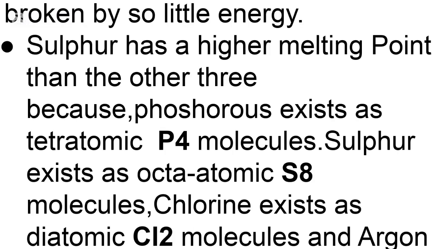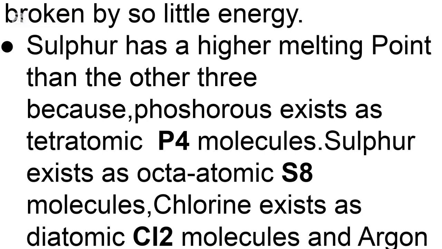Sulfur has a higher melting point than the other three because phosphorus exists as tetraatomic P4 molecules. So those are 4 atoms in one molecule. Sulfur exists as octaatomic S8. Those are 8 atoms of sulfur binding together.